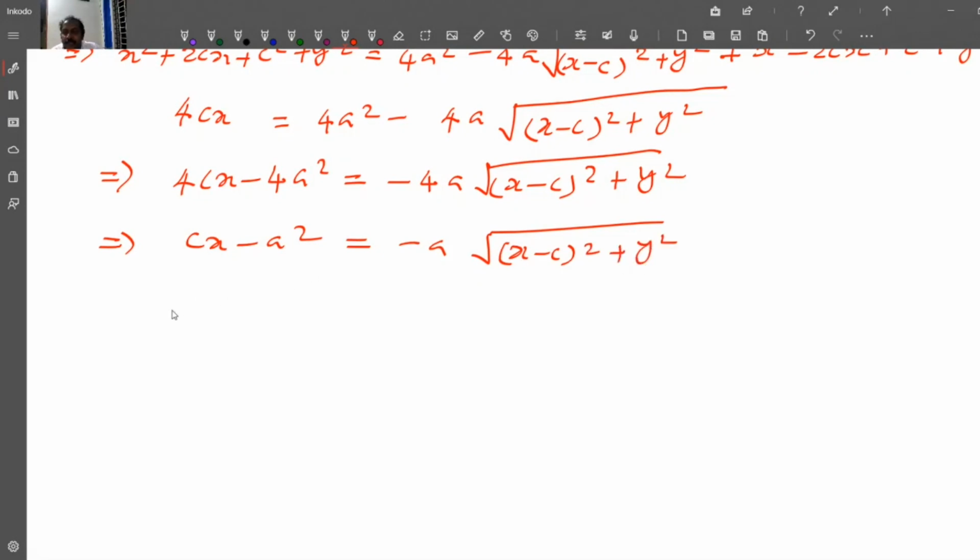Now again squaring, we get (cx minus a square) the whole square is equal to a square into (x minus c) the whole square plus y square.